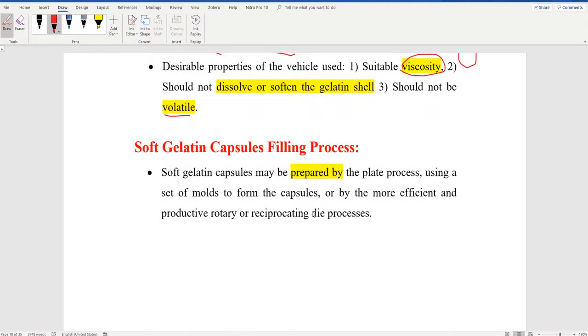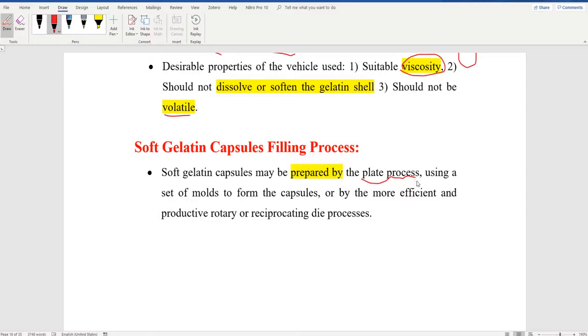Okay, how is the soft gelatin capsule filled? Now, here there are two processes. One is referred to as the plate process. The plate process is not a continuous process. You produce some soft gelatin capsules, let's say 100, 200, 500, and then you have to repeat the process again.